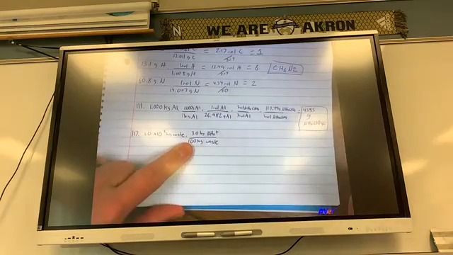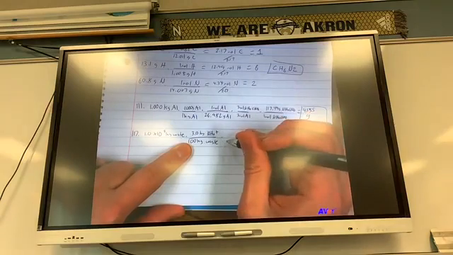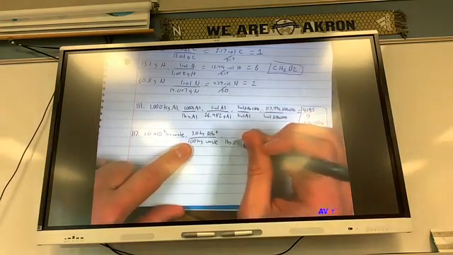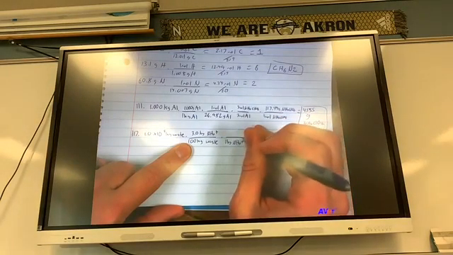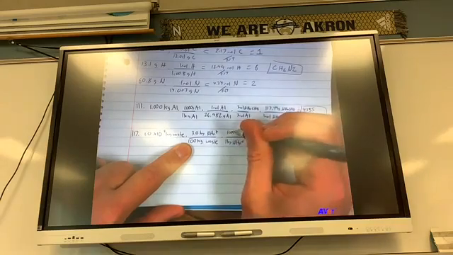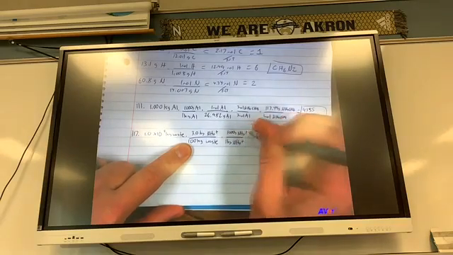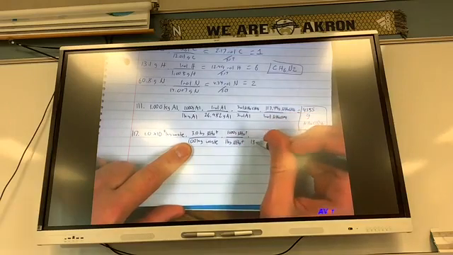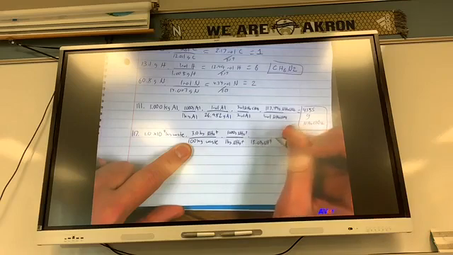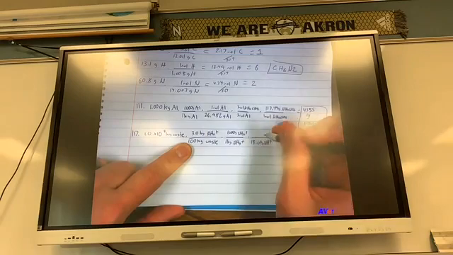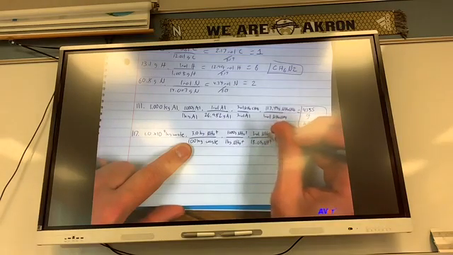Now I've got kilograms. I know that for every 1 kilogram of NH4 plus, I'm going to have 1,000 grams of NH4 plus. And I know that there is 18.04 grams of NH4 plus for every 1 mole of NH4 plus.